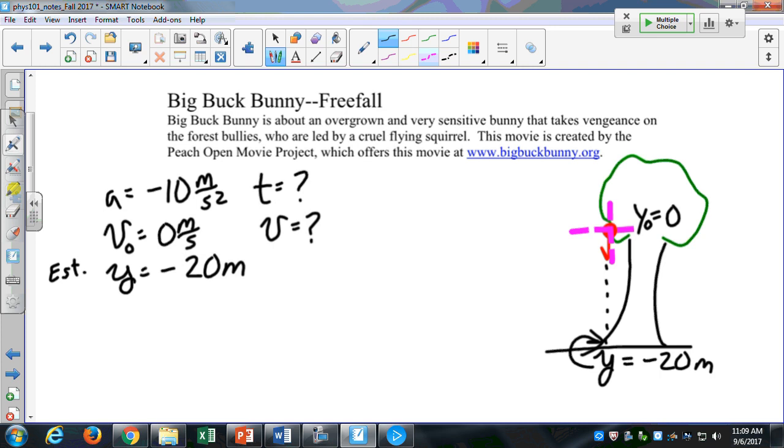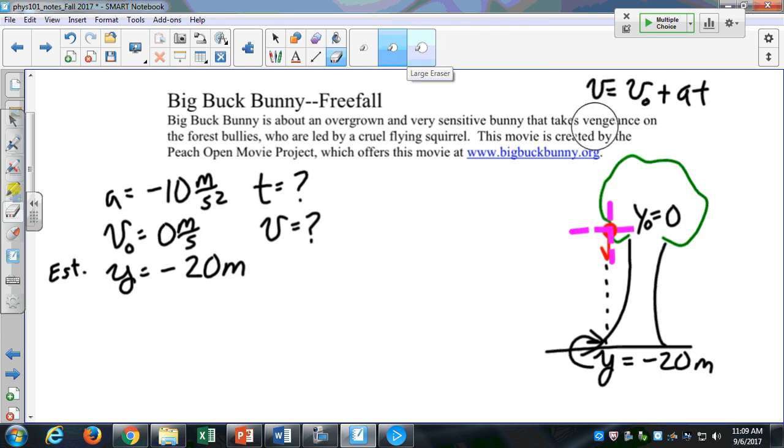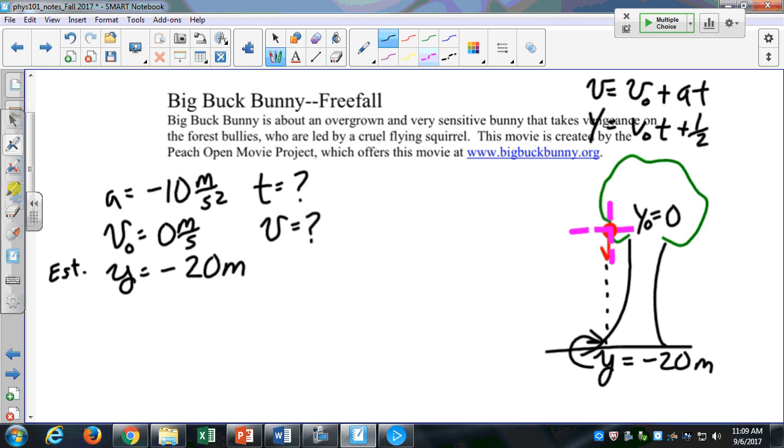Remember my equations. I have v equals v0 plus a times t, and then I also have y equals v0 t plus 1/2 a t squared. Now you had a problem on your OpenStax homework assignment.